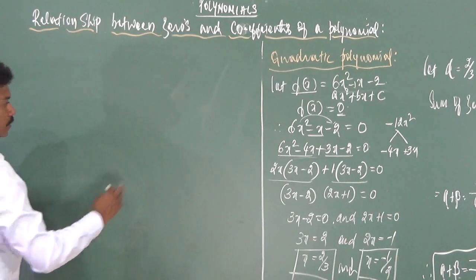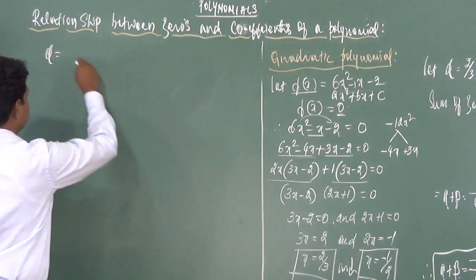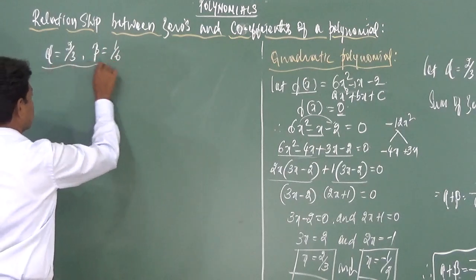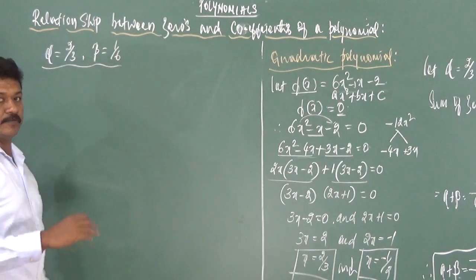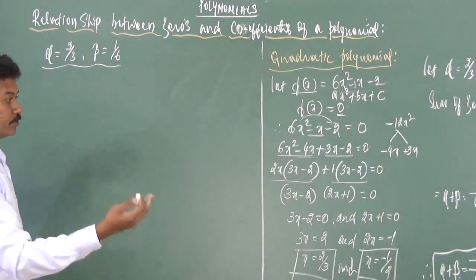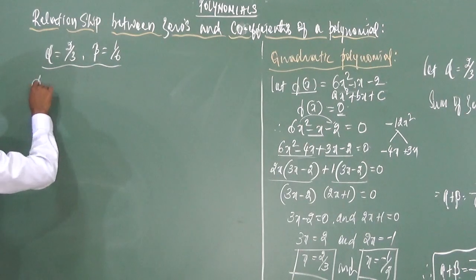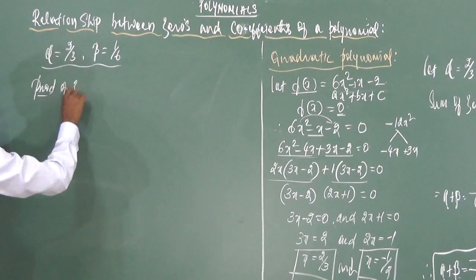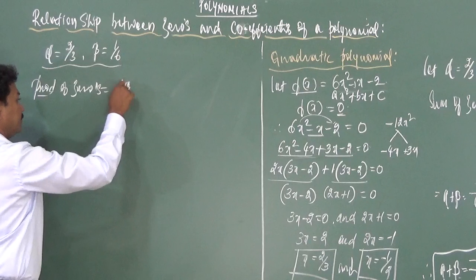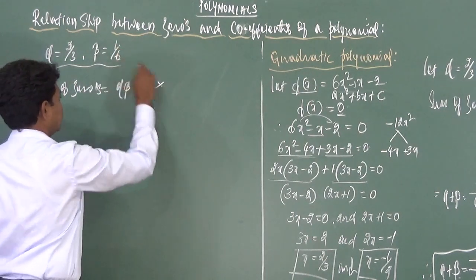Here we know that there are two zeros, one is alpha, and the alpha value is 2 by 3 and the beta value is 1 by 6. So these are the two zeros we are having. So let us directly find out the product of the zeros and the relation with the coefficients. Product of the zeros is nothing but alpha into beta, which is equal to 2 by 3 into 1 by 6.